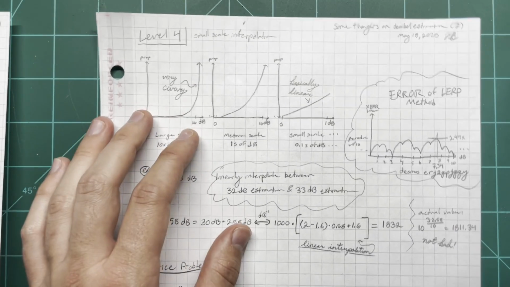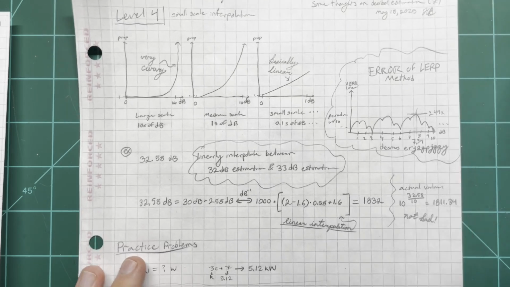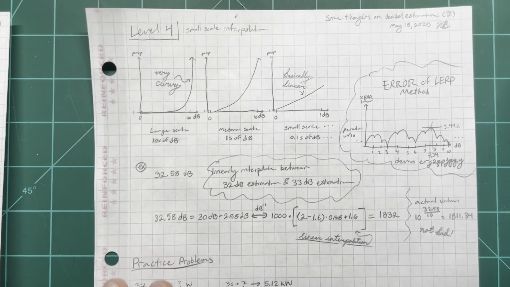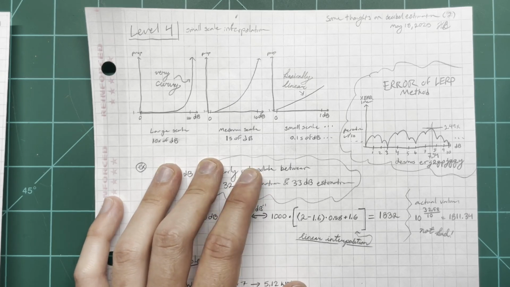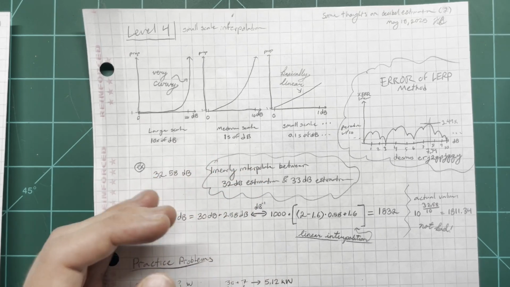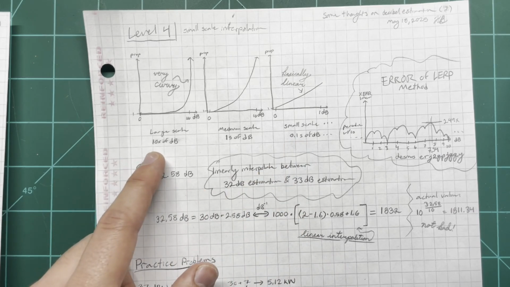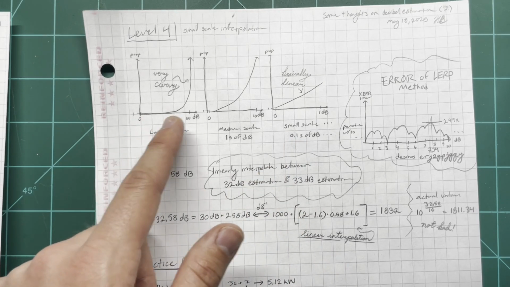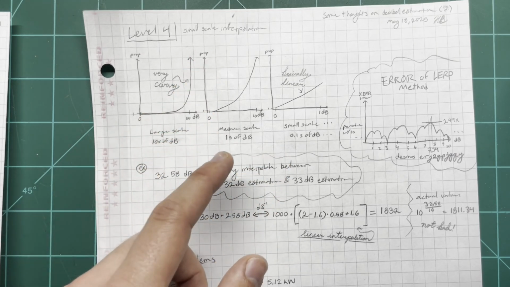Additionally, if you are given a dB value that's between two integers, then we can use a little fact of logarithms that allows you to assume it's linear. Because you see here on a large scale where you're operating on tens of dBs, it's very curvy, it's highly nonlinear.